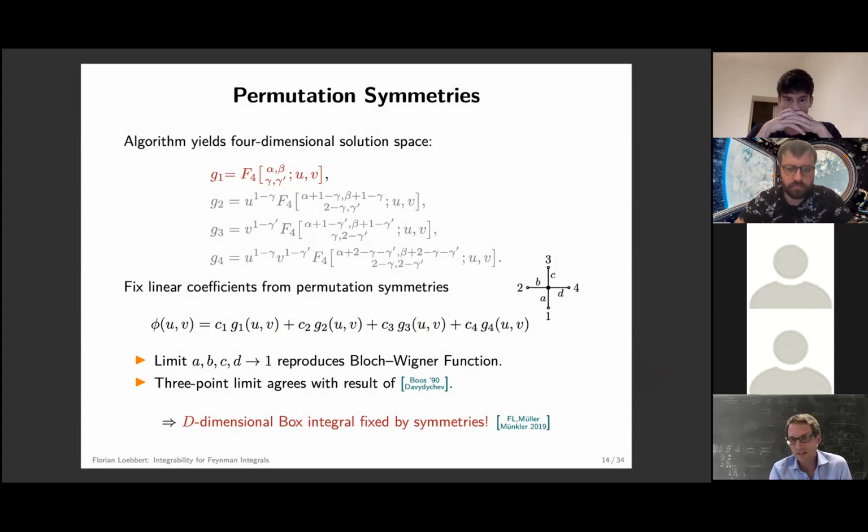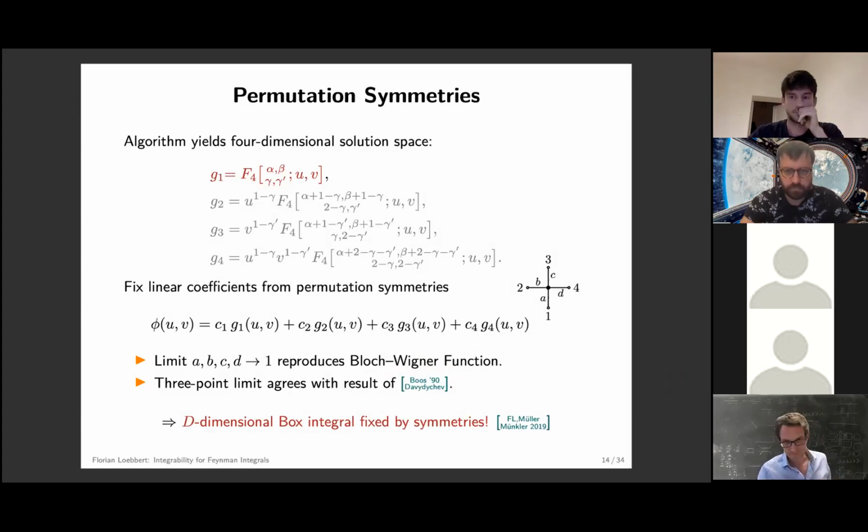Also if I take a 3-point limit, sending one of the points to infinity using a conformal transformation, one finds an old result by Boos and Davydychev, who computed this integral by other means. So this integral was known before, but for us the interesting statement is that we can use it even with these generic propagator powers using its symmetries.